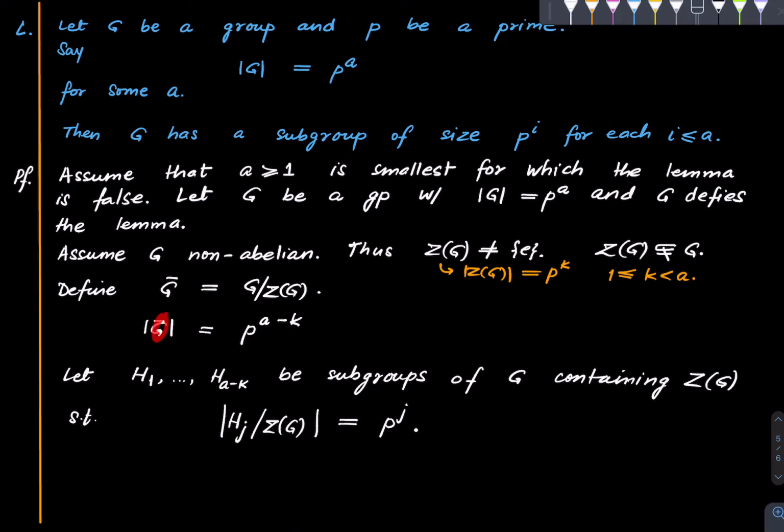Every subgroup of the quotient group appears as the quotient of a subgroup of G which contains the normal subgroup Z(G).